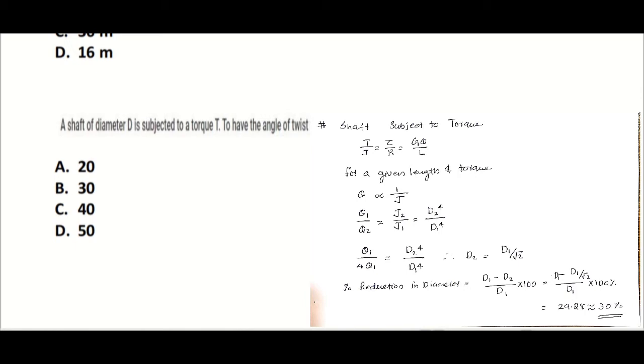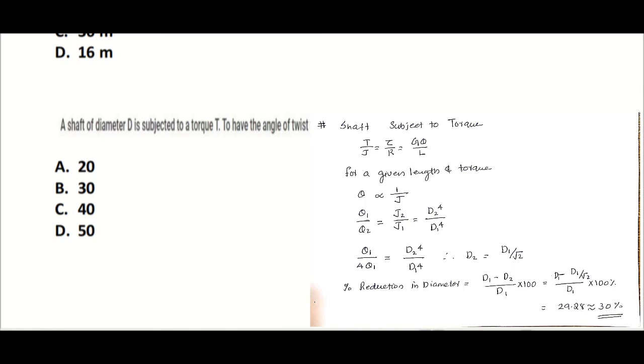So we can write theta 1 by theta 2 equal to the polar moment of inertia of the second shaft divided by that of the first shaft. The polar moment of inertia is directly proportional to diameter raised to the power of 4. So J2 by J1 will be equal to d2 raised to 4 divided by d1 raised to 4.